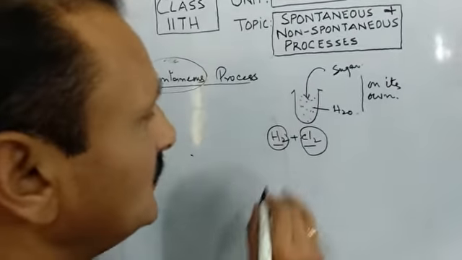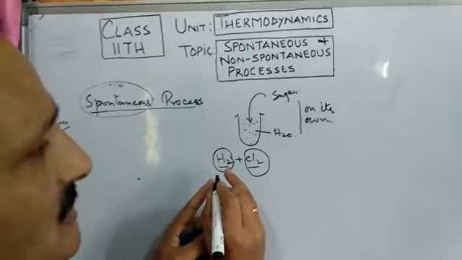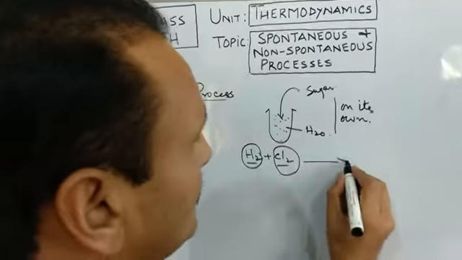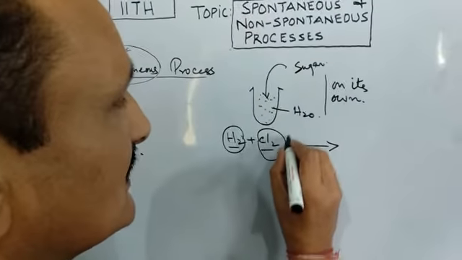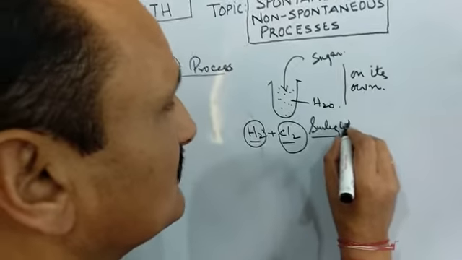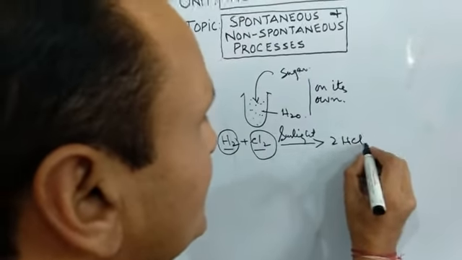But if we provide a bit of initiation, a bit of start to it, by performing this reaction in presence of sunlight, then this reaction takes place and forms another gas, that is hydrogen chloride.